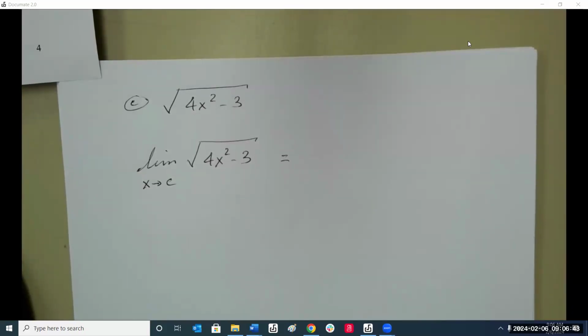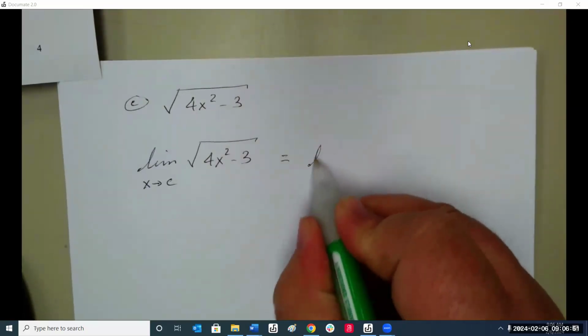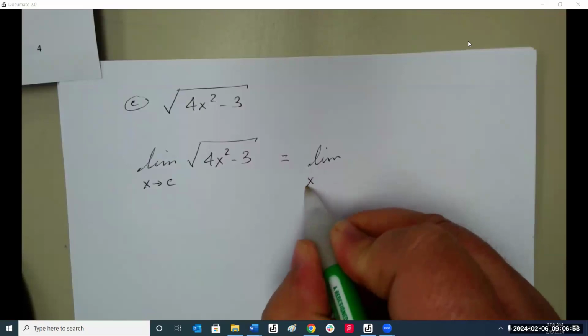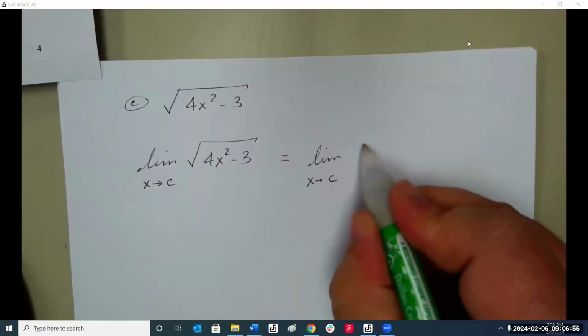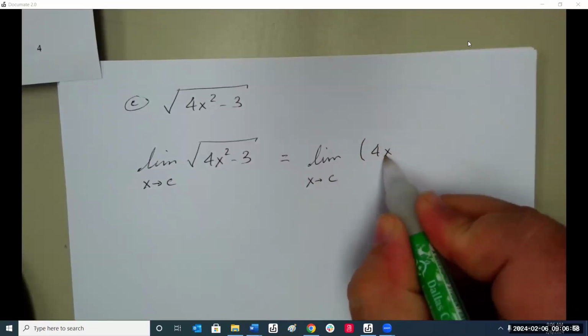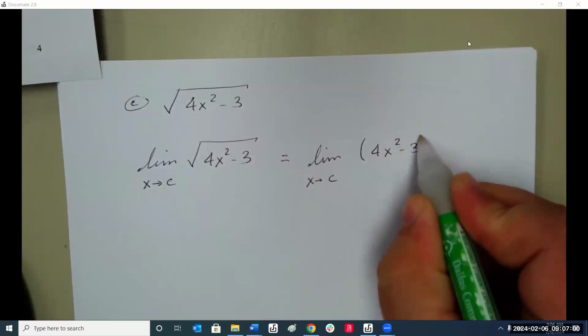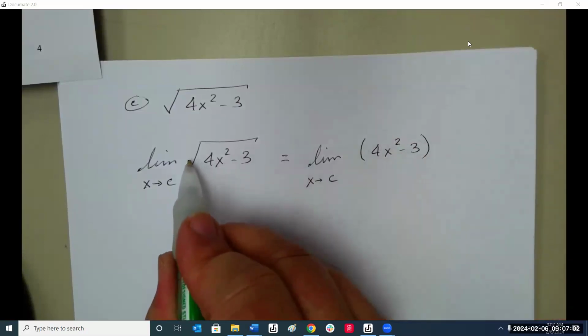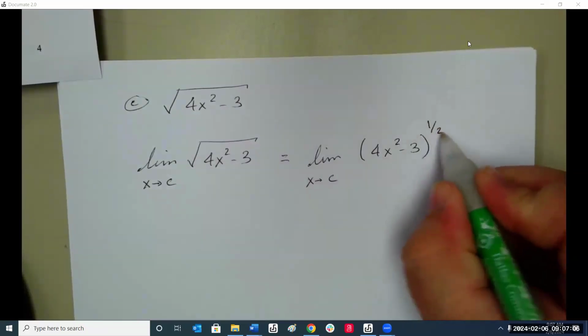The root, yes, convert the radical to an exponent. What number is inside the root? 2. Right, so it's about 1/2 power.